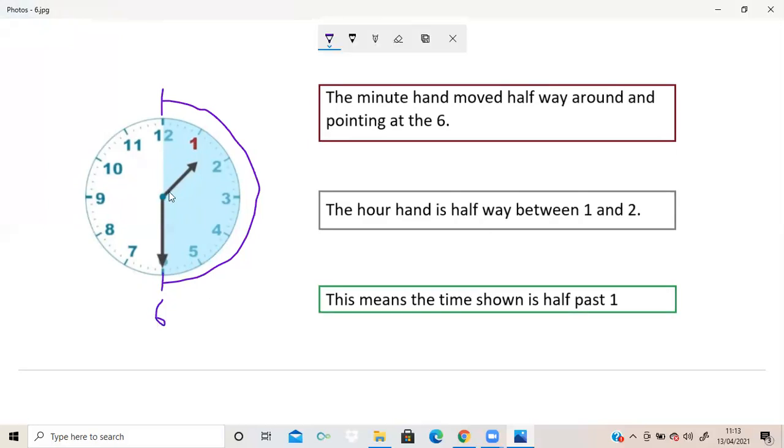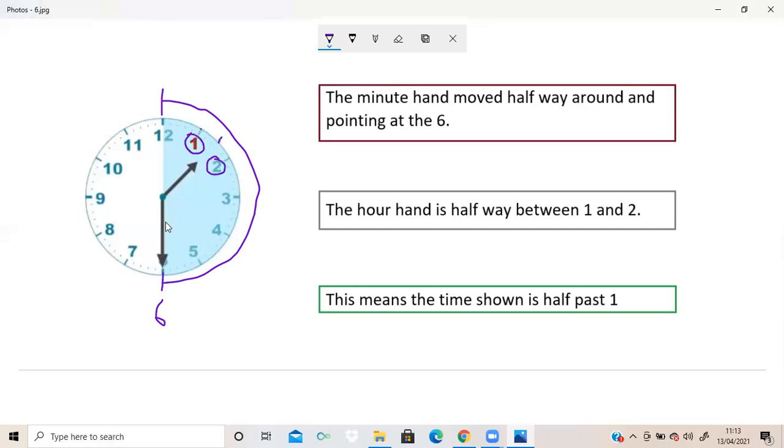And look at the hour hand. The hour hand is halfway between 1 and 2, the middle of 1 and 2.